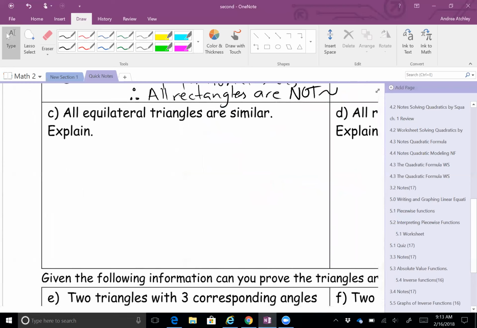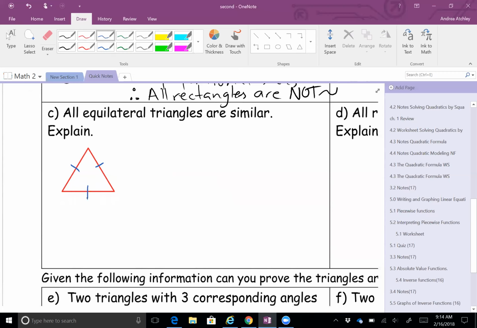Adrian, what does equilateral mean? All sides are congruent. So I'm gonna draw a triangle that has all the sides congruent. Do I know anything about my angles of an equilateral triangle? All the same. If you have an equilateral triangle, then it's also equiangular.